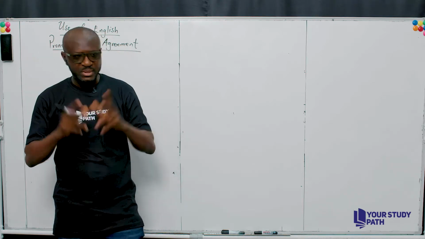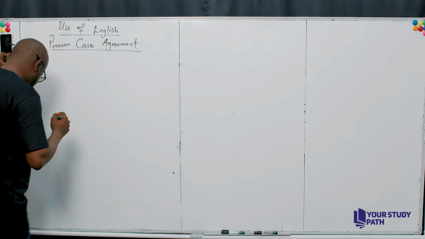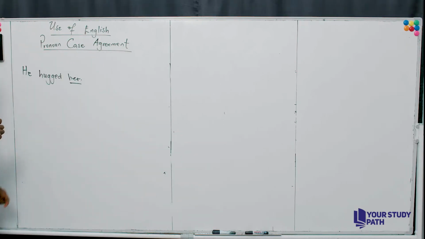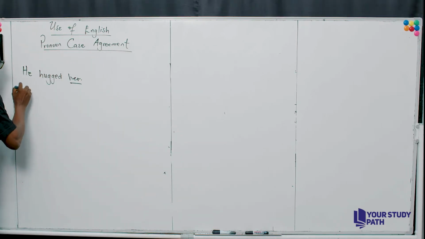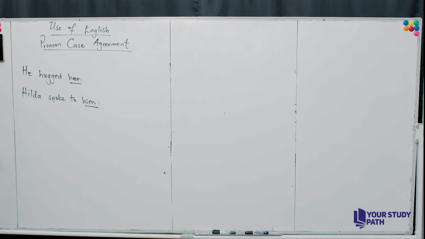Take, for example, this sentence. Another one. Now, in these two sentences, we have "He hugged her," and "Hilda spoke to him." The underlined word "her" is a pronoun. It is an object case pronoun. Why?